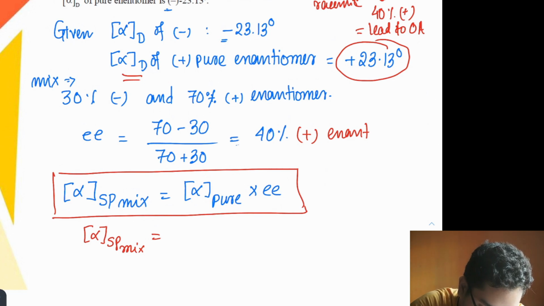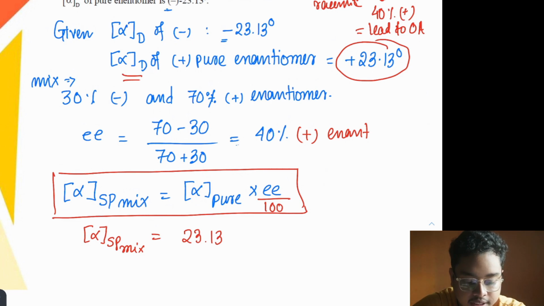So 23.13 into E by 100. If it is in percent terms, then you put the simple 40 by 100, or you can write E by 100. Okay.